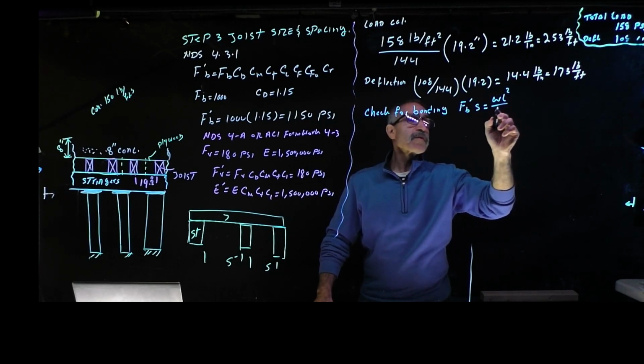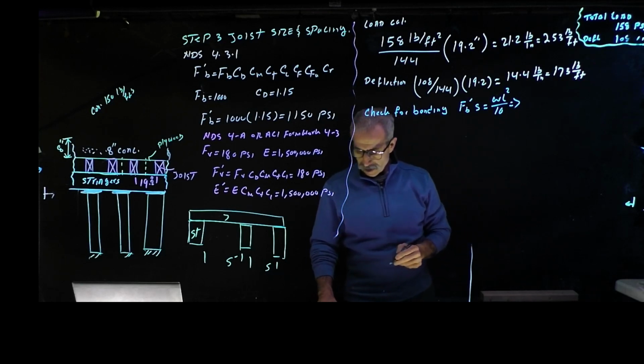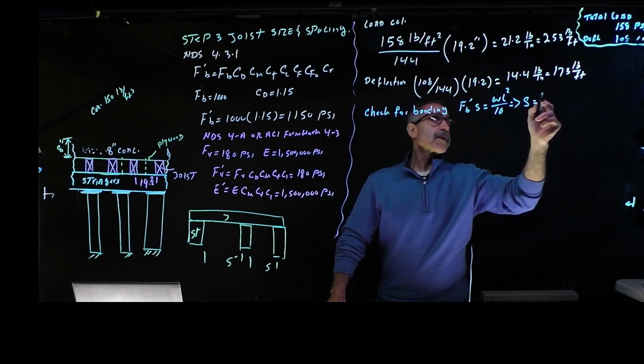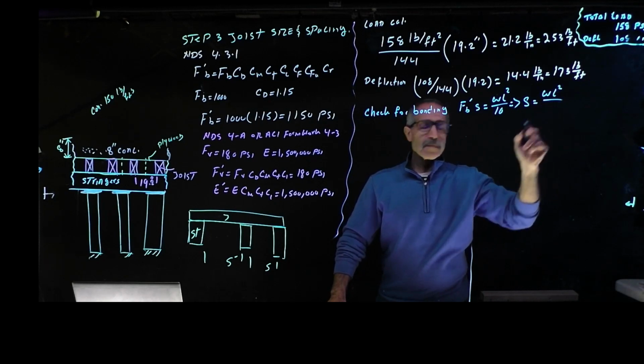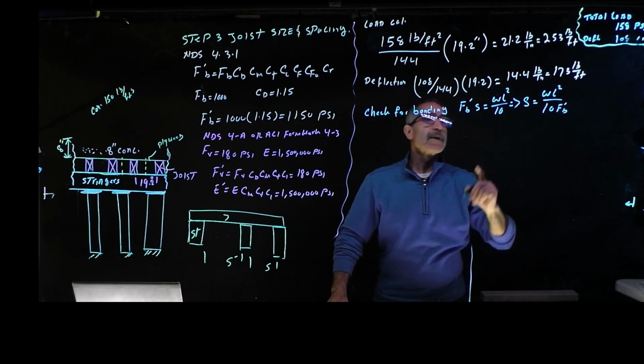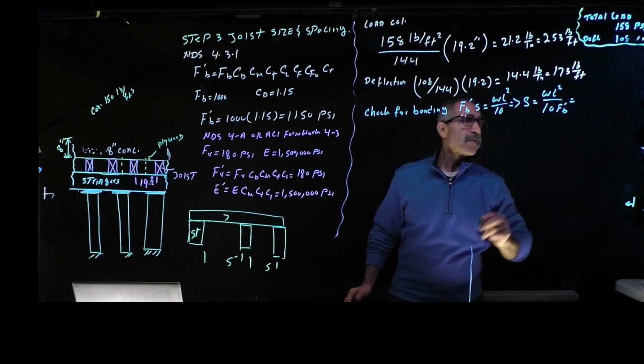That's WL squared divided by 10. And now we say, all right, what is the section modulus for a 3-span? It's going to be WL squared divided by 10 F prime b. Okay, now we have that. We can go ahead and calculate it.